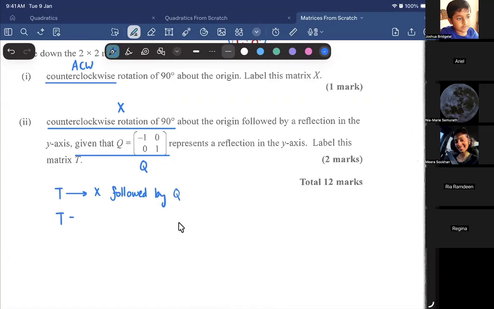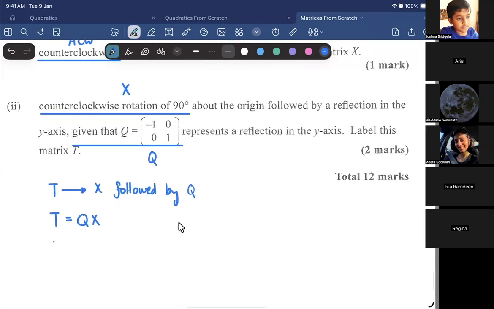You might be tempted to multiply X by Q, but when you're multiplying, you're actually multiplying the second one first and the first one second. And no, you cannot switch the order, because if you do that, you're going to get a different answer. Matrix multiplication is not commutative. Basically, what I'm saying is you can't switch the order.